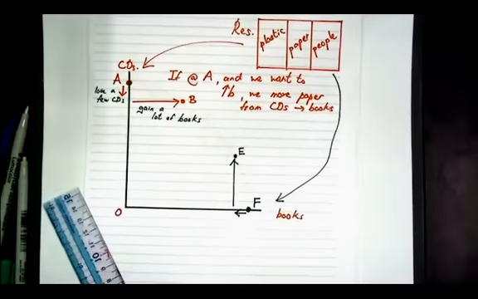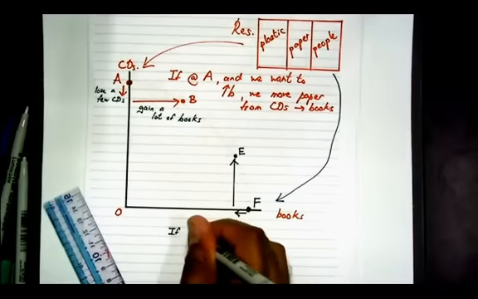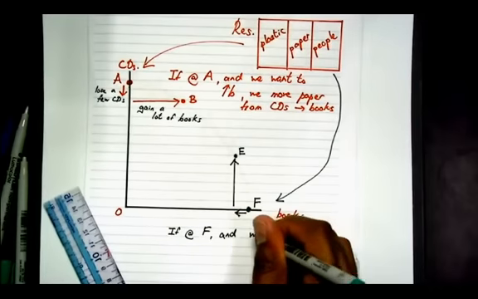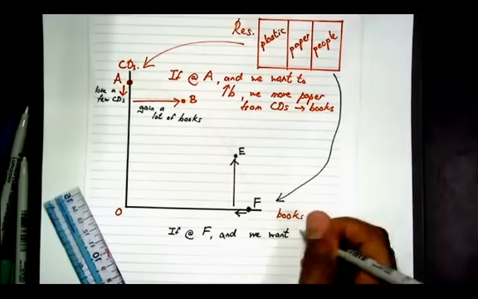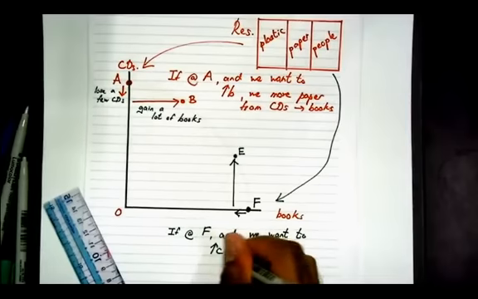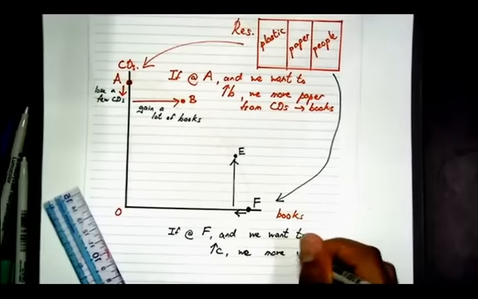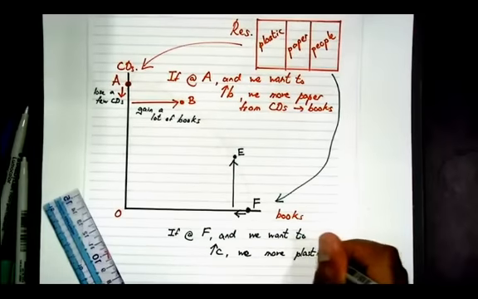So what's happening here, if we are at F and we want to increase CD production, we move the plastic from books into CDs.